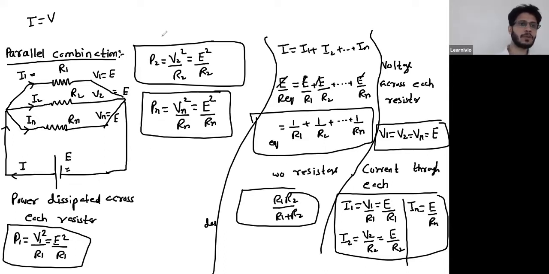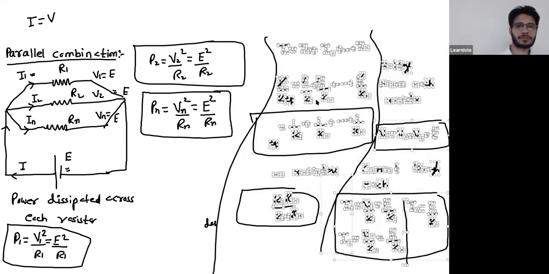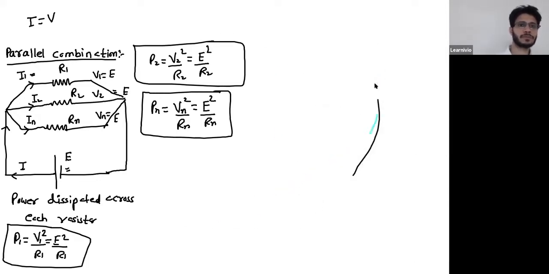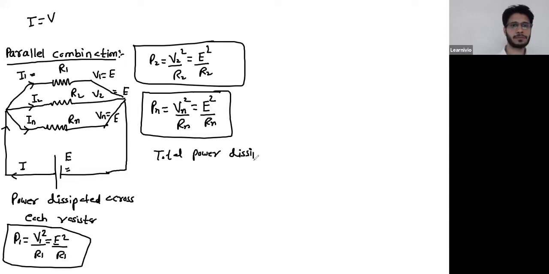And for total power dissipated, you can write P as P1 plus P2 up to Pn.